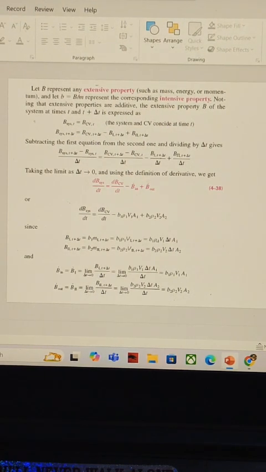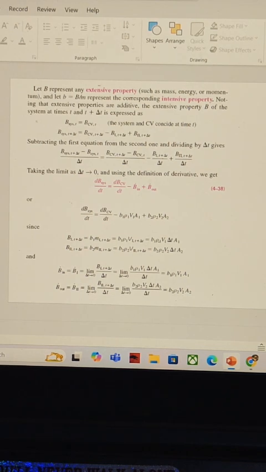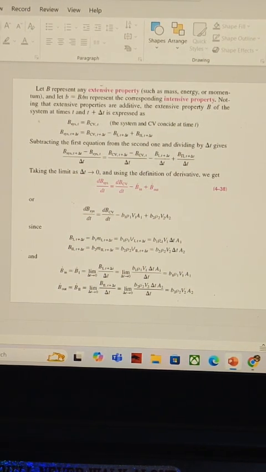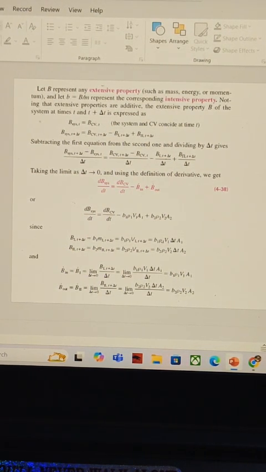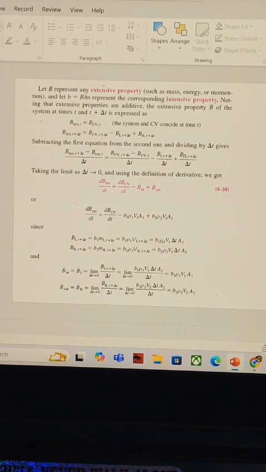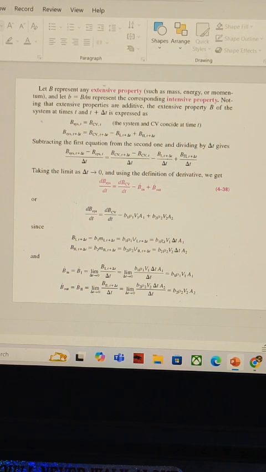These account for changes inside the control volume and the flux entering or leaving the control surface. Substituting specific expressions for the inflow and outflow terms, we relate these fluxes to the properties density, velocity, and areas at the respective inlet and outlet. The detailed approach ensures conservation principles are accurately applied across the control volumes.